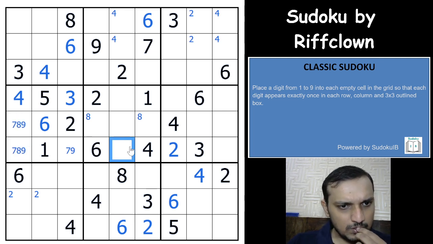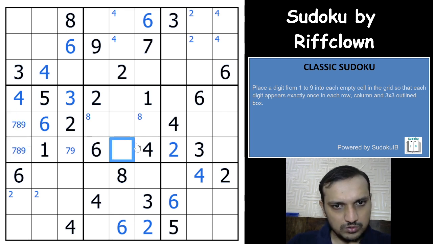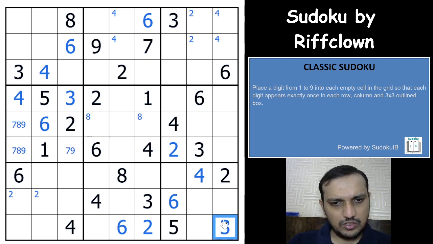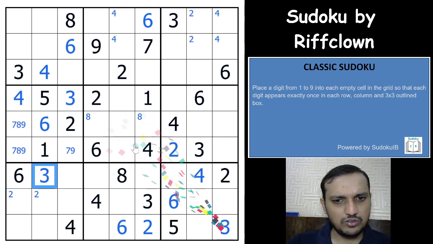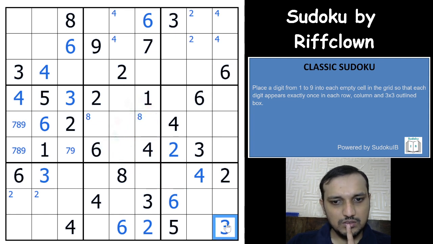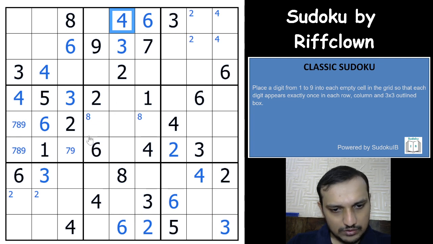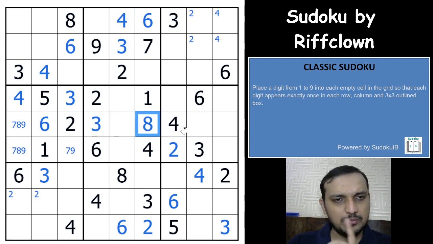Amazing. So this cell is a 3 here, and then that gives you a 3 here, okay. We have got one correct digit at least, and then you get a 3 here, that gives you a 4 here, and that gives you a 3 here and an 8 here. Amazing.